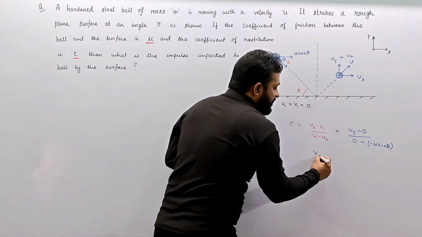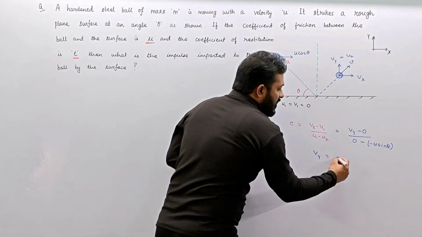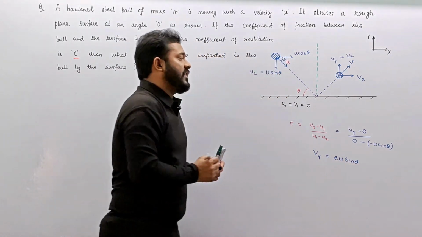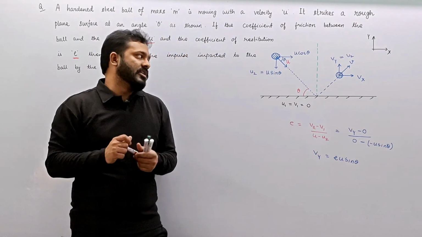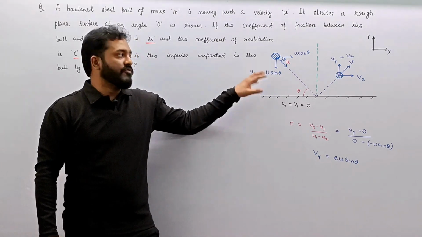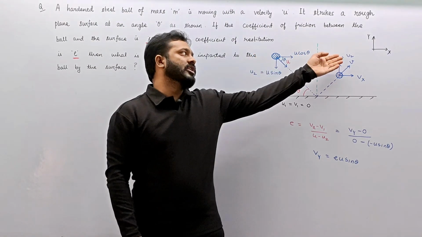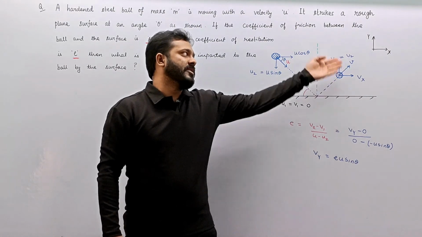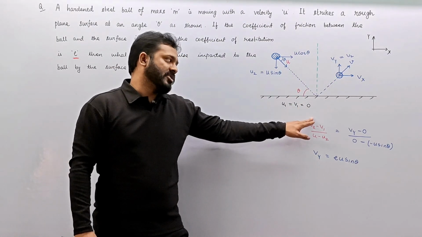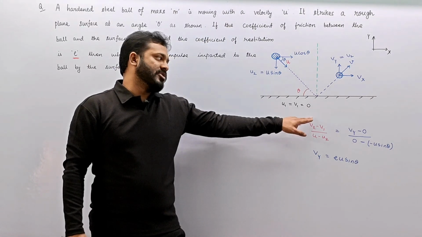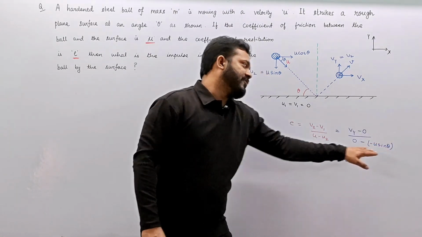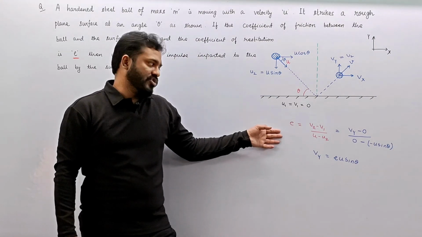We get from here vy equal to e u sin theta. So this is the first thought involved in this problem: this component of velocity is responsible for approach and this component is responsible for separation, and we are using the technical definition of the coefficient of restitution, separation divided by approach, to reach this point.